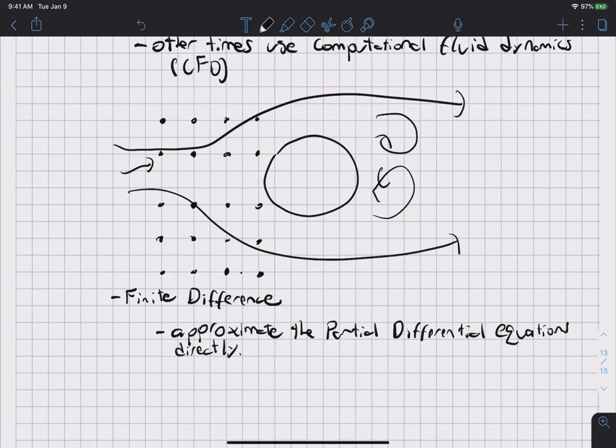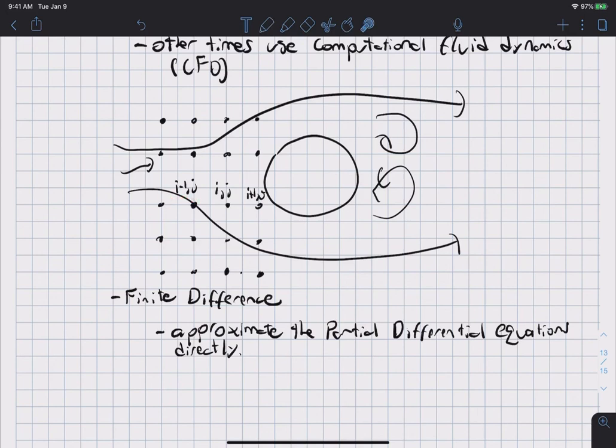And so how do we do that? Well, I'm going to label this point here as i,j. This point here is i minus 1, j. This point here is i plus 1, j. This i,j numbering is the traditional numbering for points.